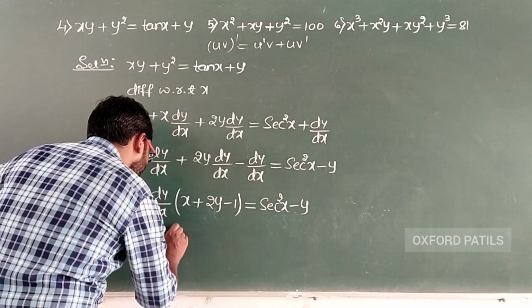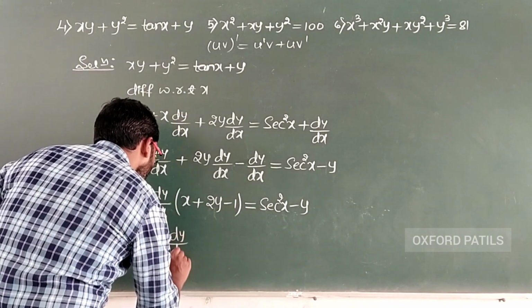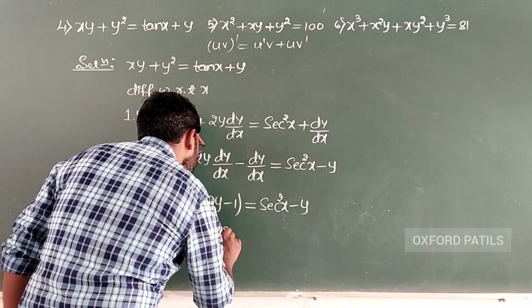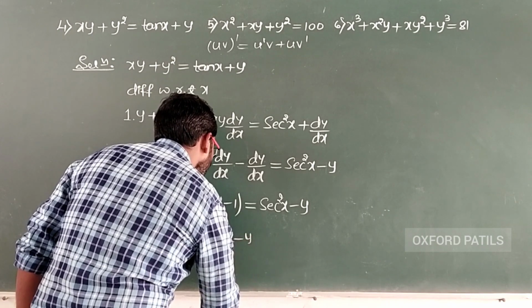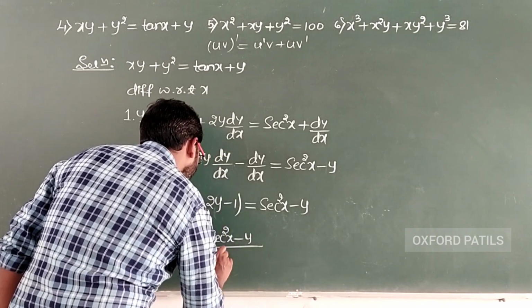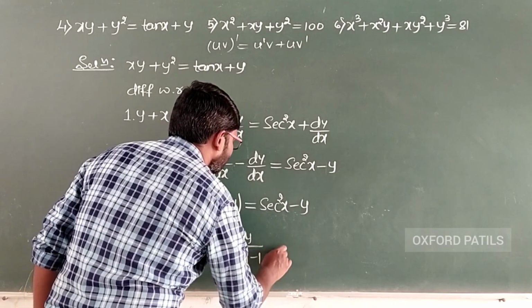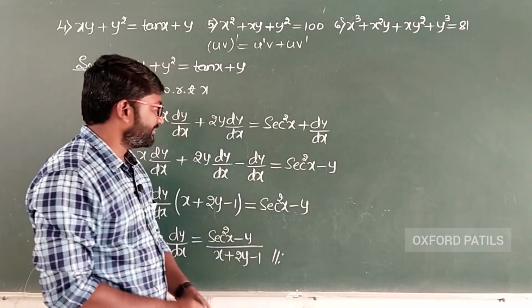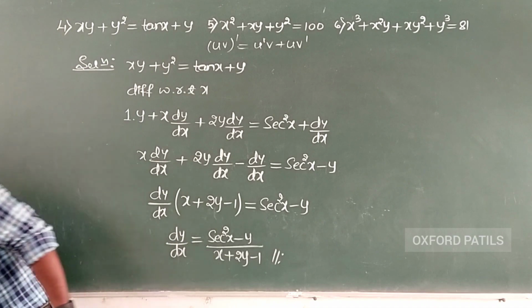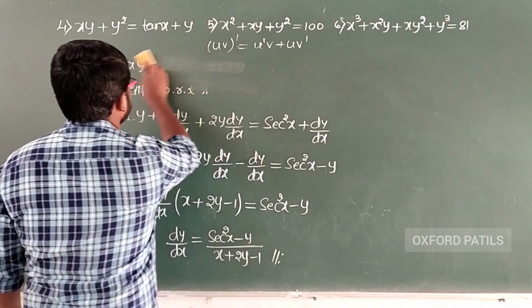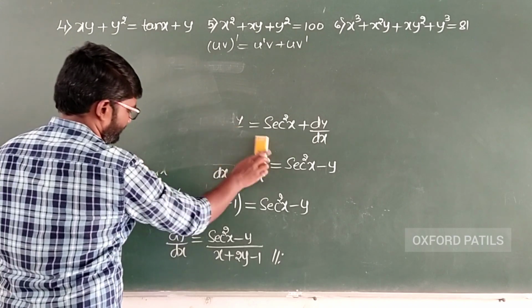So dy by dx is equals to secant square x minus y whole divided by x plus 2y minus 1. So this is the required answer for the question number 4. Note down this and then we'll go for the next question, that is question number 5.